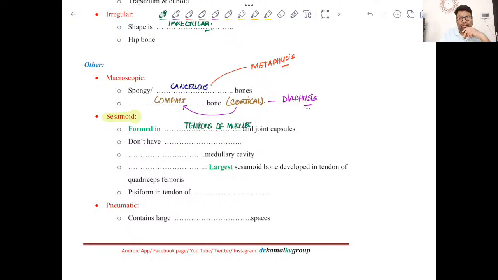We know that muscles are attached to the bone with the help of a tendon, which helps in bringing out the effect of that muscle. So these bones develop in the tendon of such muscles.